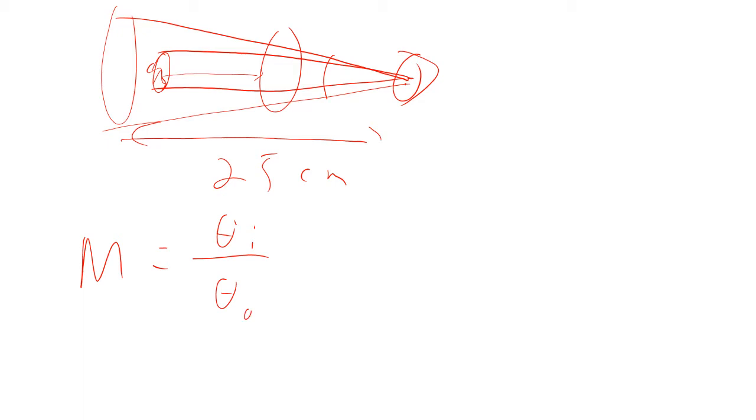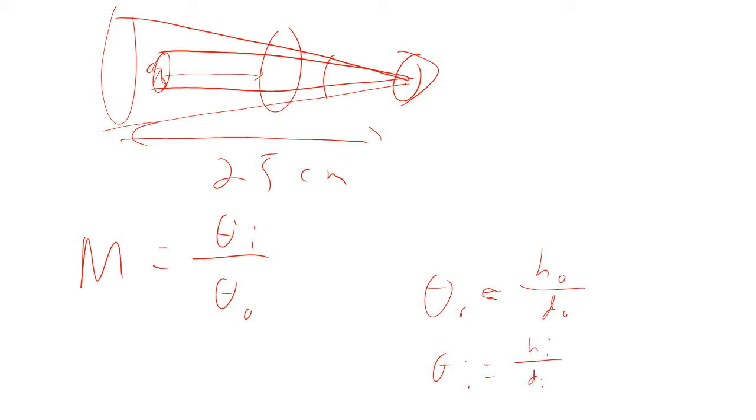The angular size of the object is approximately the height of the object divided by the distance to the object. The angular size of the image is the height of the image over the distance.